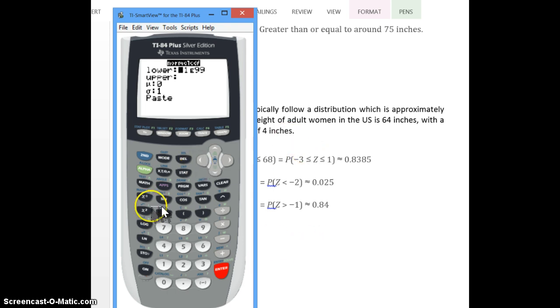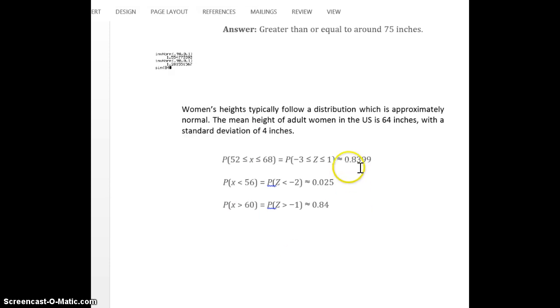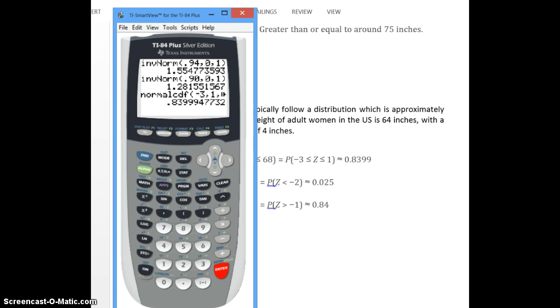For the negative, you use this value right here, not the subtraction sign, -3. Go down. The upper value, what is the bigger z-value? 1. Keep hitting enter. And we see from the calculator, 0.8399.